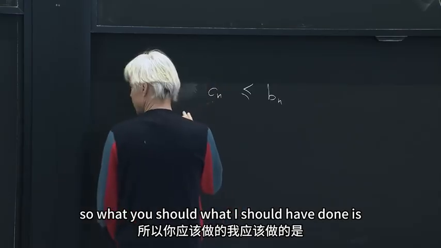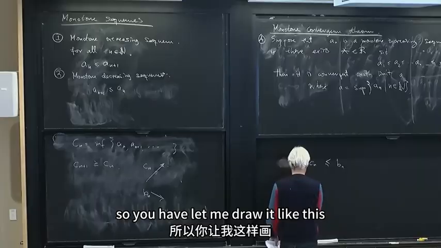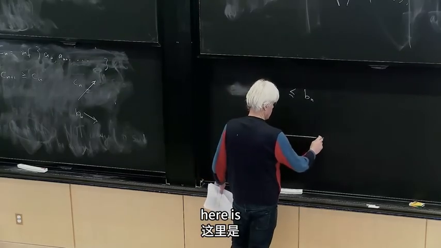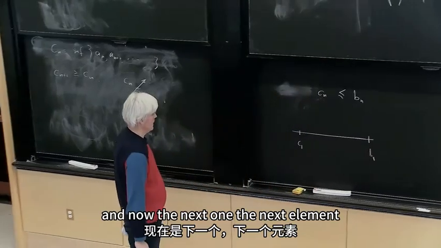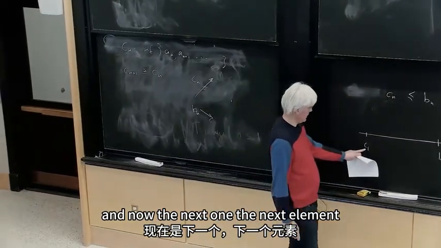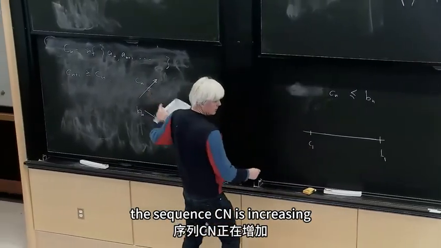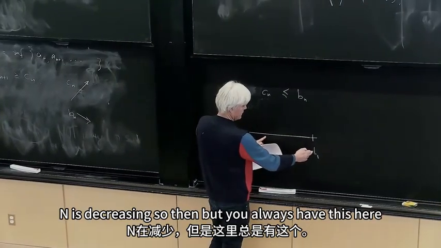So let me rather draw it like this. Here is maybe C1, here is B1, and now the next element: the sequence Cn is increasing, and the sequence Bn is decreasing.